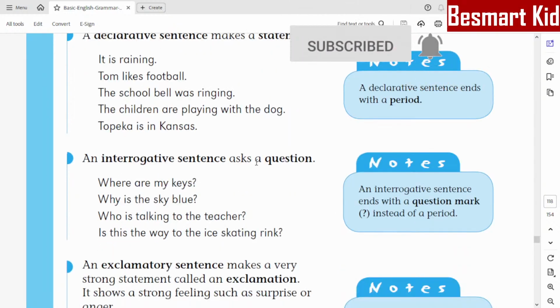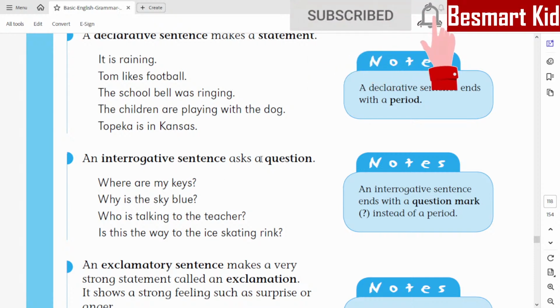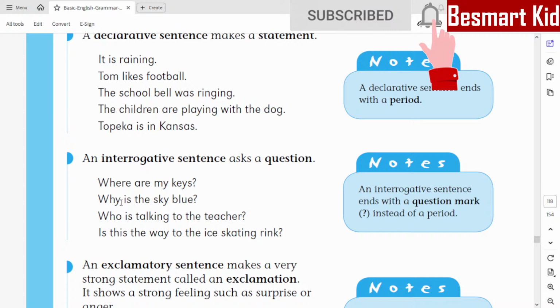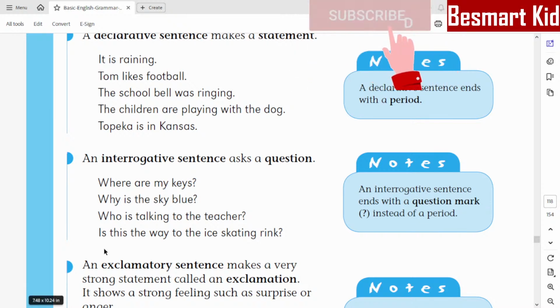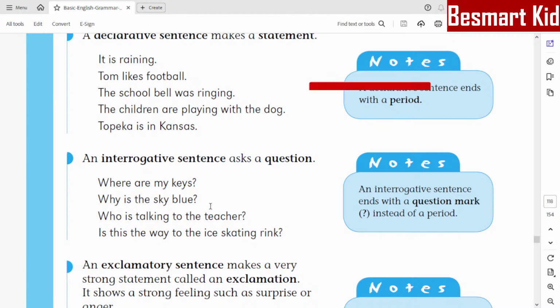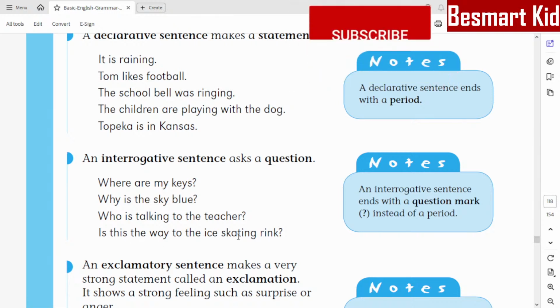An interrogative sentence. This kind of sentence asks a question. Where are my keys? Why is the sky blue? Who is talking to the teacher? Is this the way to the ice skating rink?